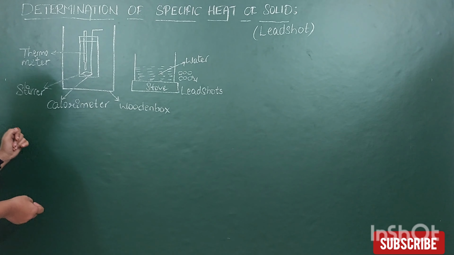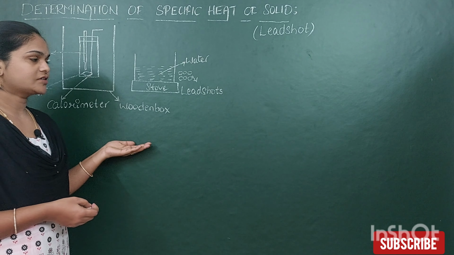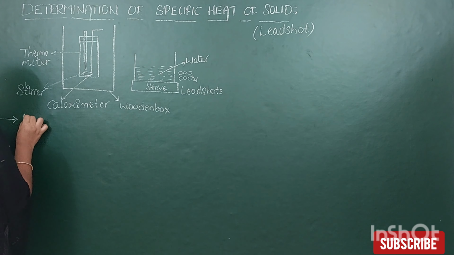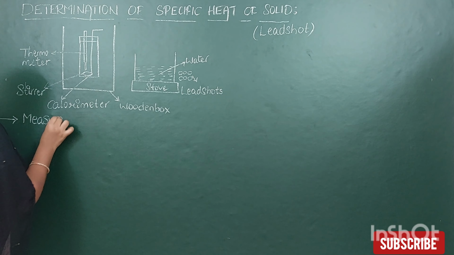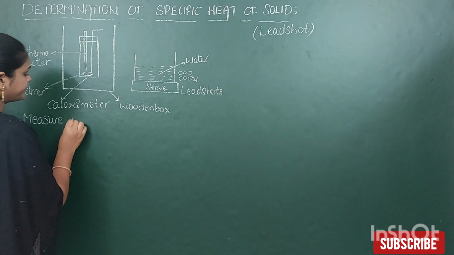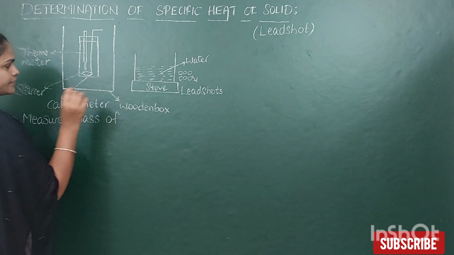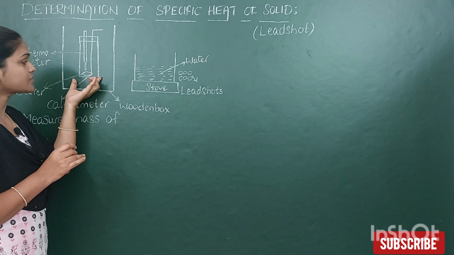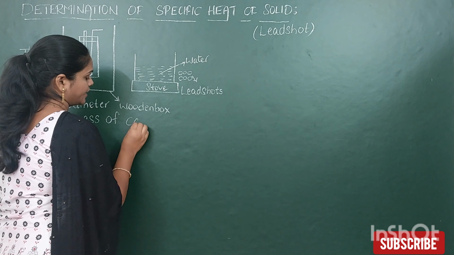Okay. So first, what you have to do with these apparatus is measure the mass of the empty calorimeter. First, you have to measure the mass of the empty calorimeter.